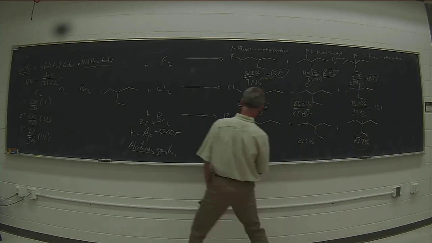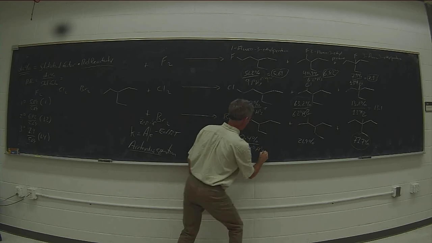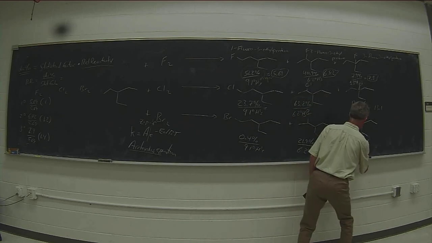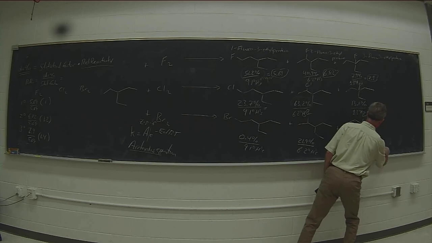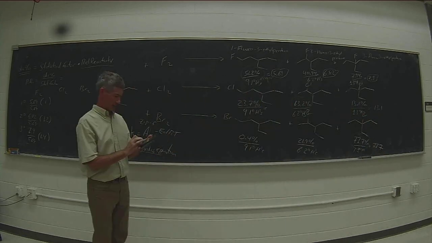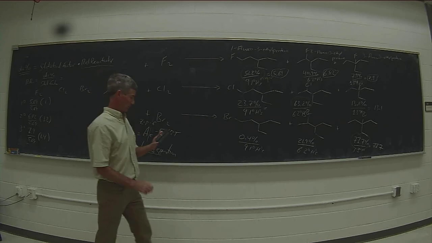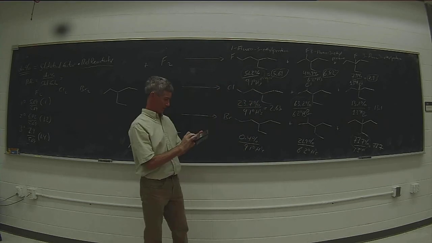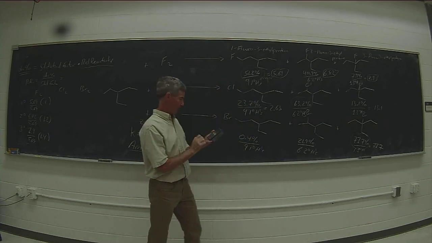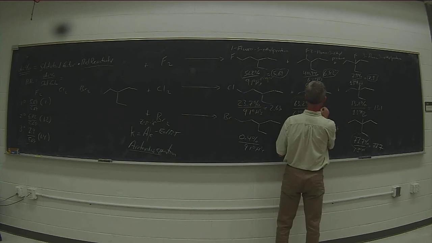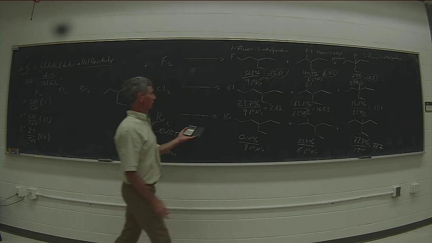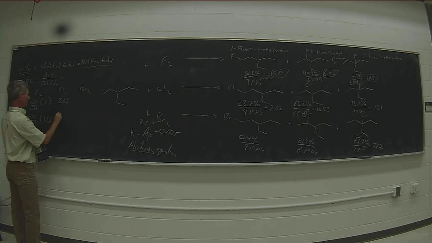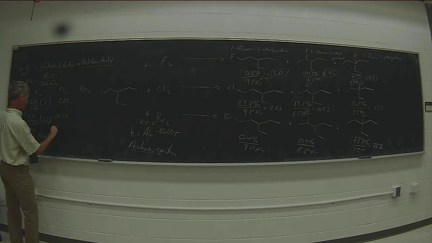And we can do the same for bromine. 0.7 divided by 9 is equal to 2.63. And 63.2 divided by 6 is equal to 10.53. So we think that our ratio here will be 2.63, 10.53 to 13.1.